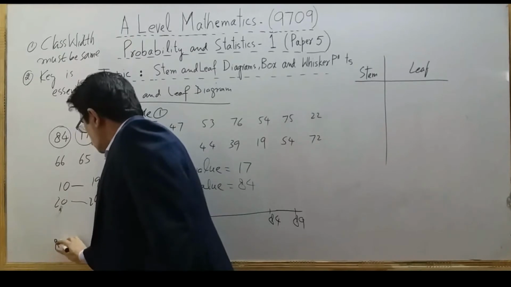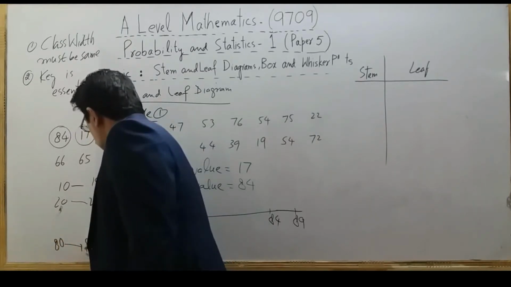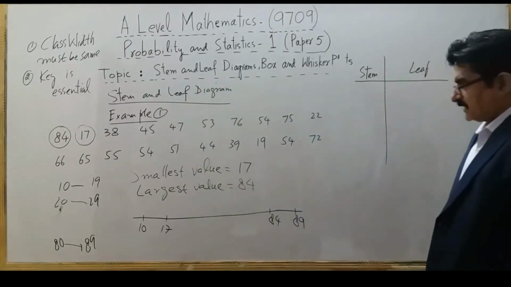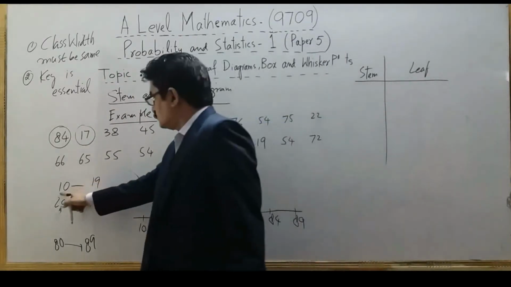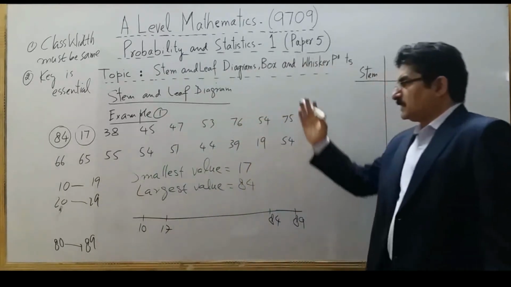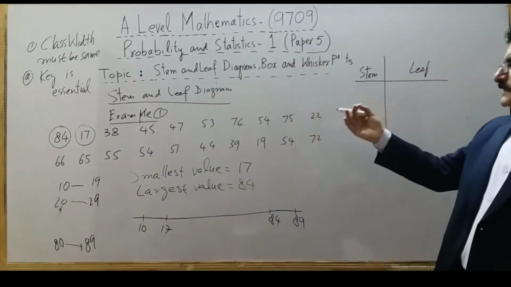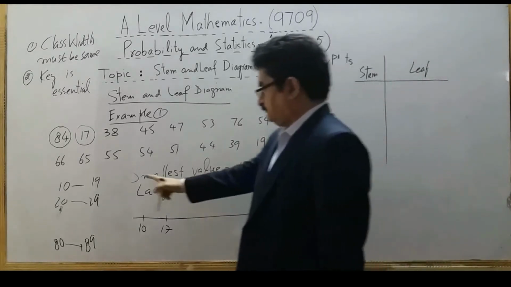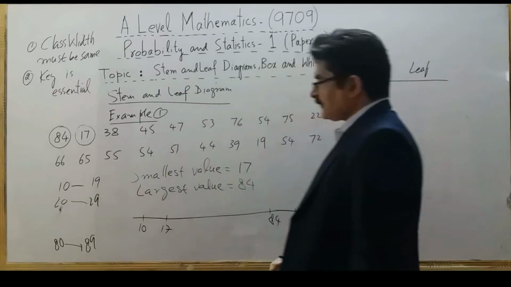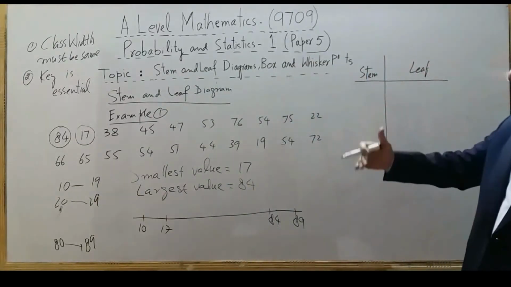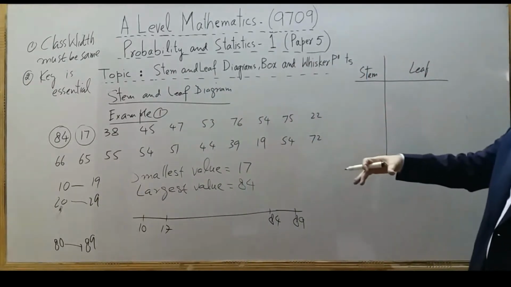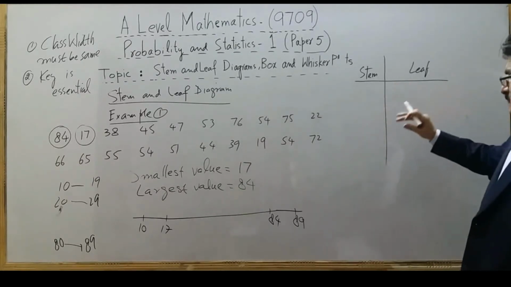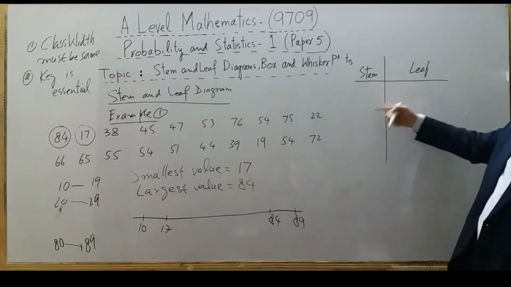The last will be 80 to 89. So my class width is 10. Starting from 10 moving to 19, that is 10 values: 10, 11, 12, 13, 14, 15, 16, 17, 18, 19. All values from 10 to 19 inclusive, 10 and 19 will also be included in the first class.